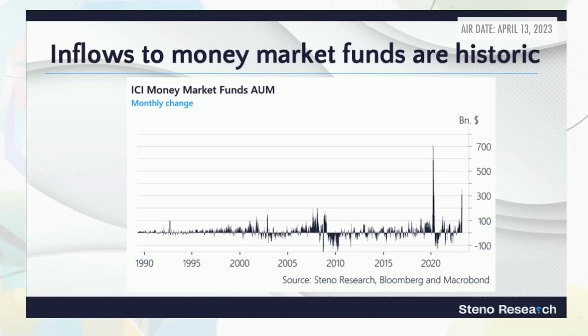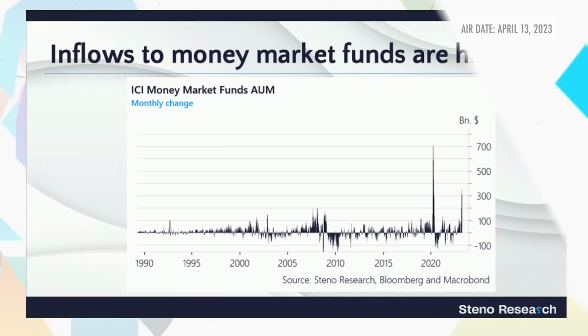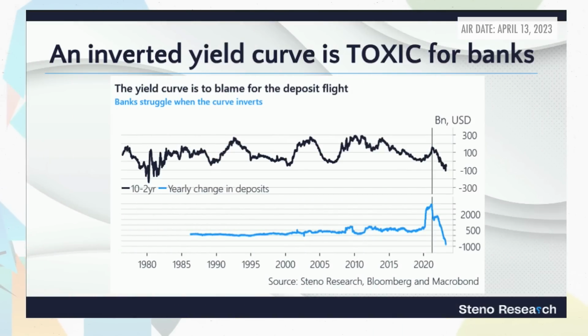And that is why I want to get to what I consider the underlying root cause of this deposit crisis. First of all, an inverted yield curve is extremely toxic for banks. Why is that? Well, the average bank funds itself relatively short on the yield curve, while it lends out the same US dollars further out the yield curve.